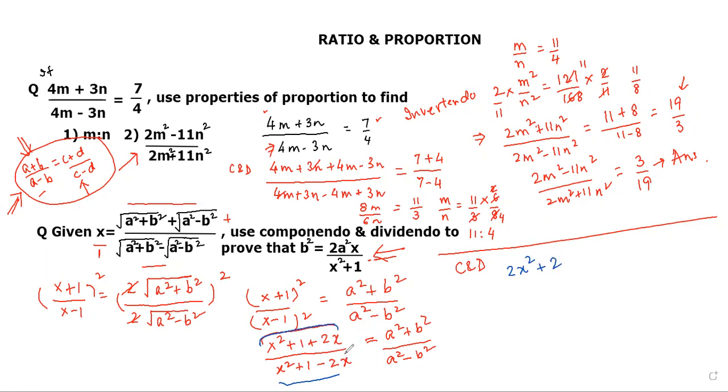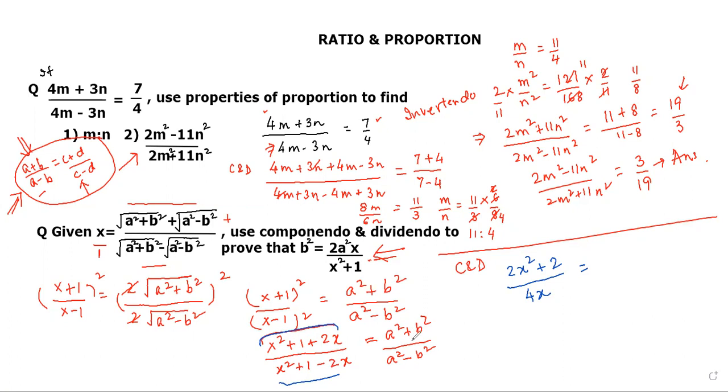And 2x and minus 2x will get cancelled. And what will happen in the denominator? A minus b. So x square will get cancelled. 1 will get cancelled. And I am going to get 2x minus of minus 2x is 4x. This is the left-hand side.